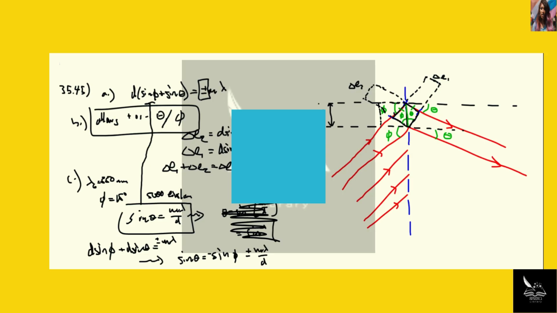Now we can take the inverse sine, and we get theta. What we want to figure out is the inverse sine of negative sine phi, and we're using positive 1 for our plus or minus 1, m equals 1, plus lambda over d. So let's plug this in.